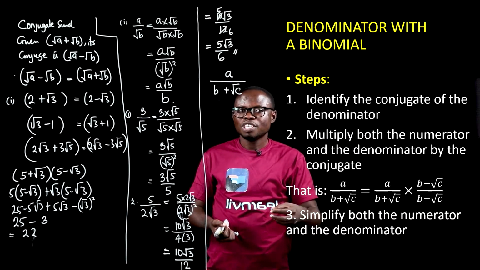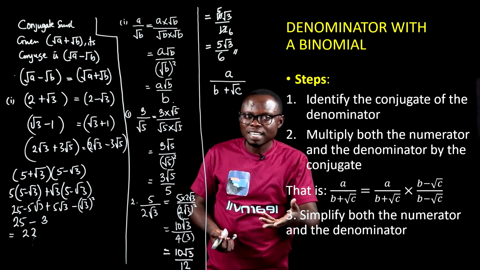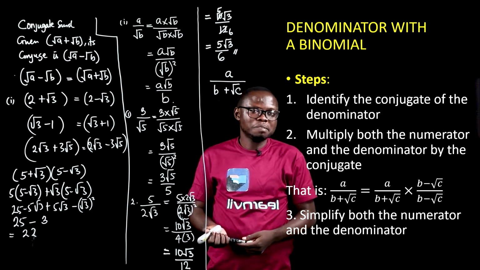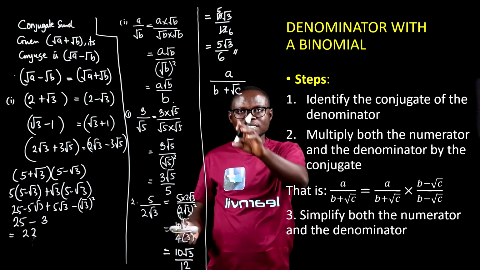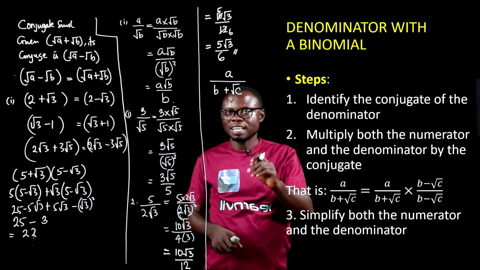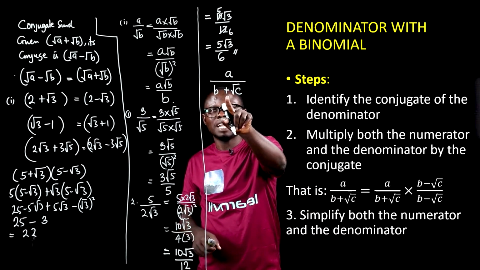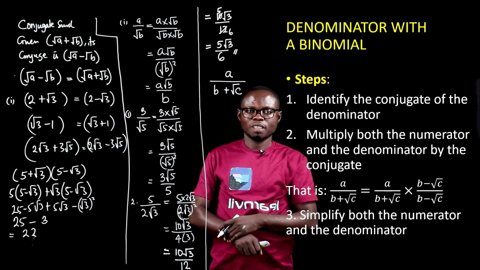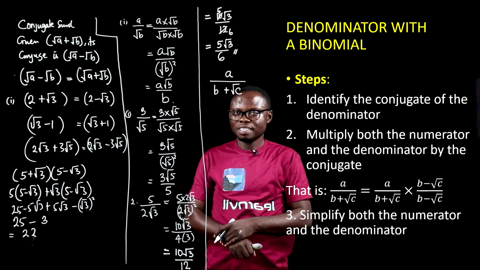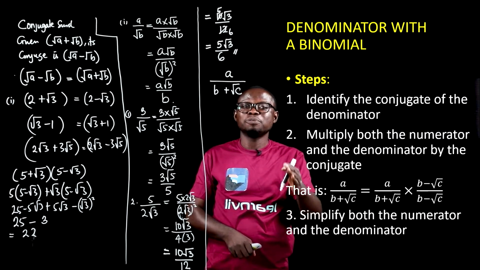Then 2, you multiply the denominator and the numerator by the conjugate. Very simple. So in this particular case, our surd in the denominator is b plus root c. Therefore, its conjugate will be b minus root c.